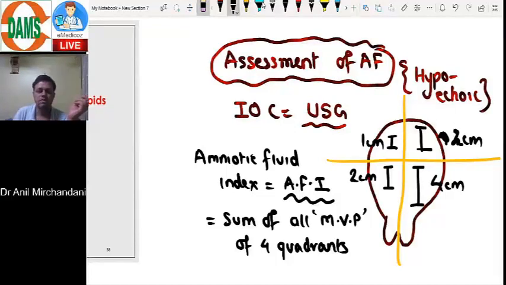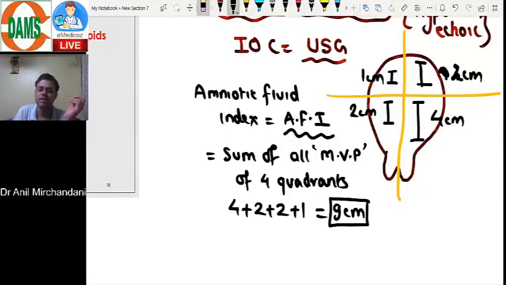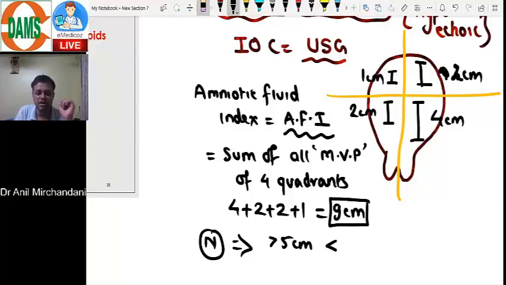Single deepest pockets of 4 quadrants would be added together to give rise to a figure called amniotic fluid index. In this case, it will be 9 centimeter. Agreed? So AFI is 9 in this case. Is it normal? Yes, it is normal. How much is normal? Normal is more than 5 centimeter but less than or equal to 24 centimeter.